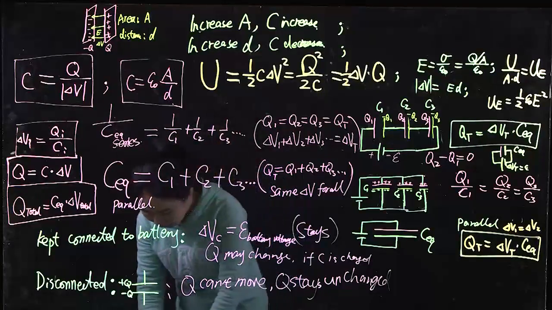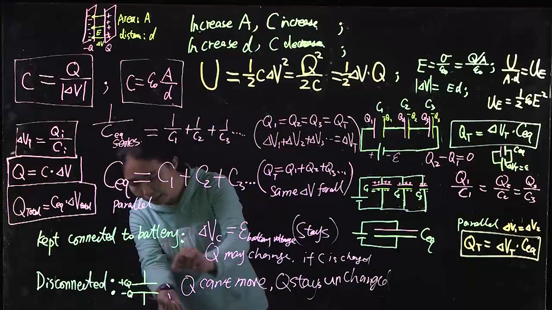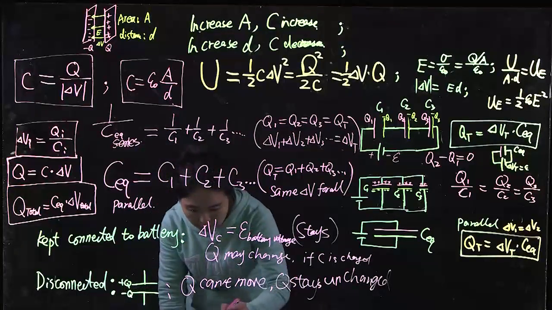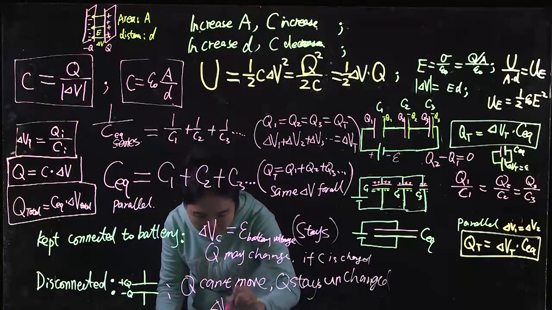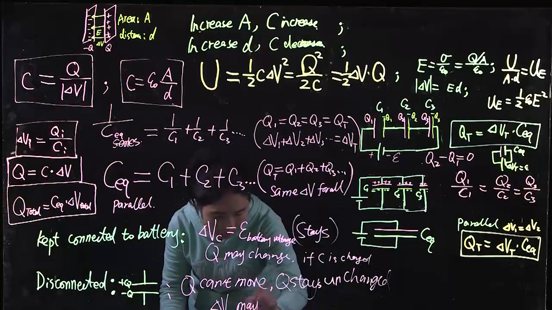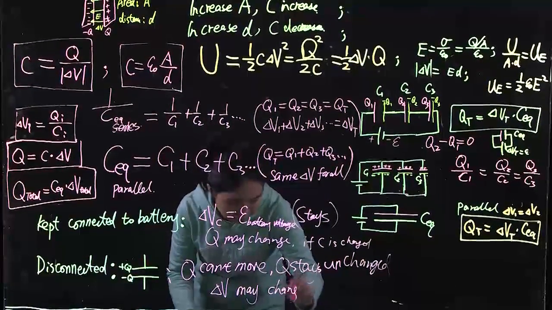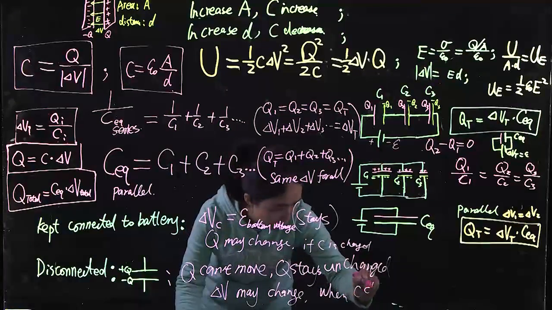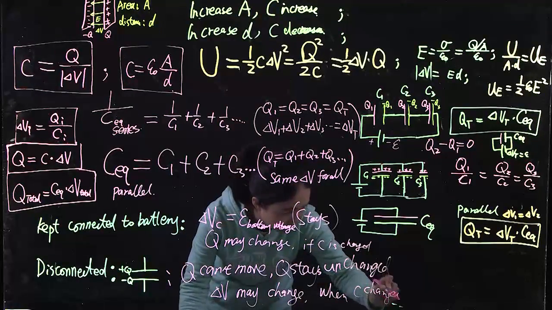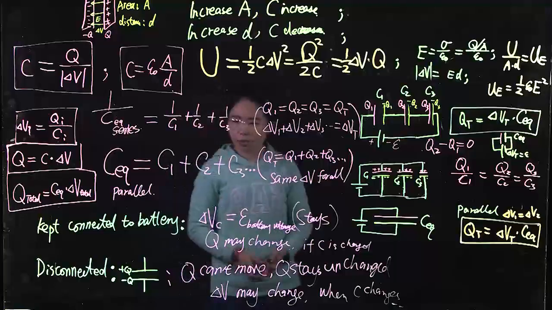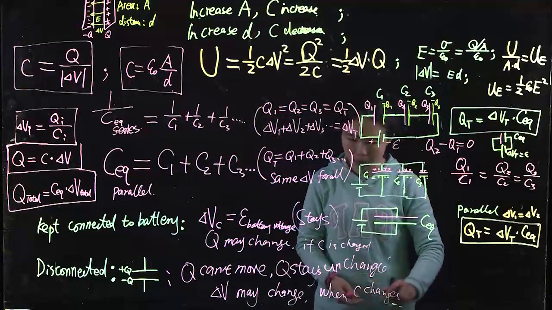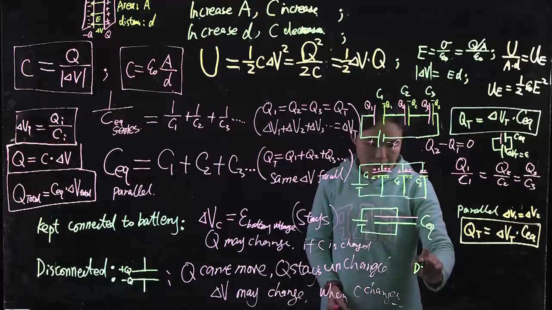And then, it's not maintaining the voltage difference by a battery. In this case, the voltage difference delta V may change when C changes. Okay, let me give you one example. In a disconnected case, for example.